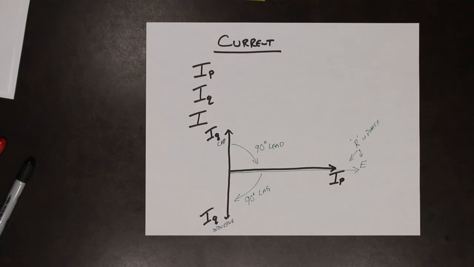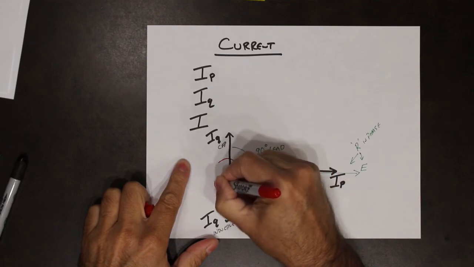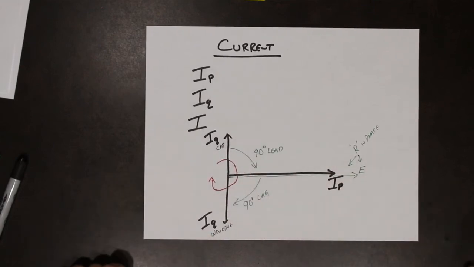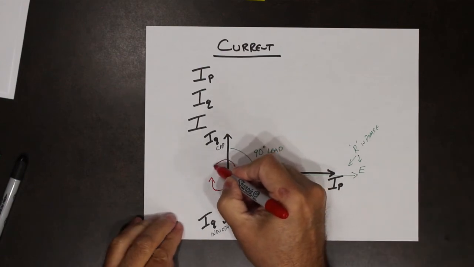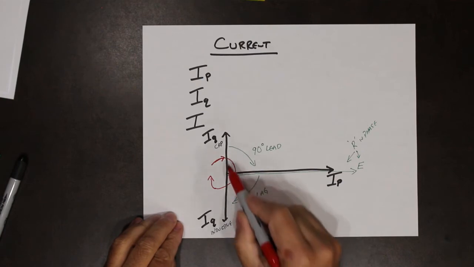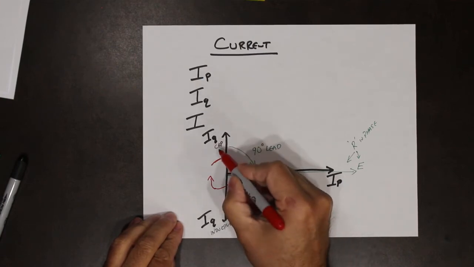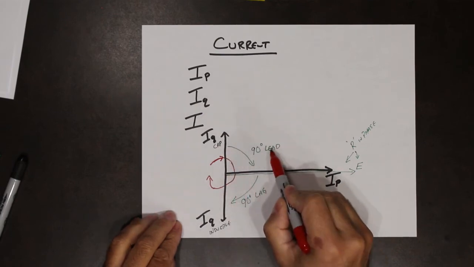So the way I like to think about it is if I'm going in a circle like this, in that direction, a clockwise circle, I run into this before I run into this. So this one is leading.